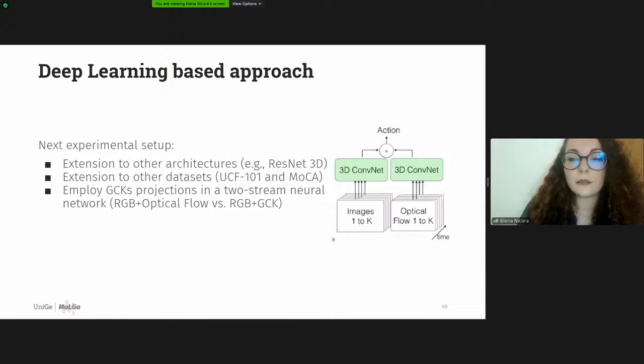In the next experimental setup, we want to change architecture to see if these results are consistent using other data sets, and also we would like to see if RGB and Gray Code kernel projections can be used in substitution to optical flow in a two-stream neural network.